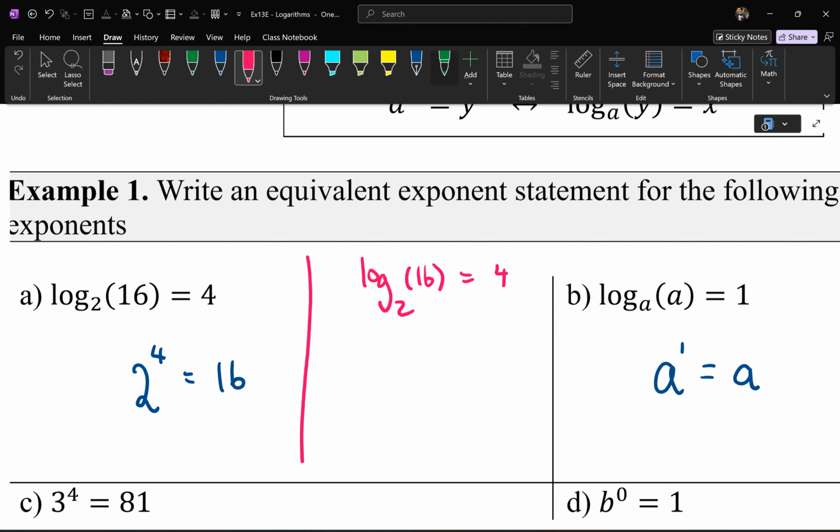If you want to get rid of log, what's the inverse of log? It's like the inverse of times is divide, then the inverse of divide is times, right? So what's the inverse of log?